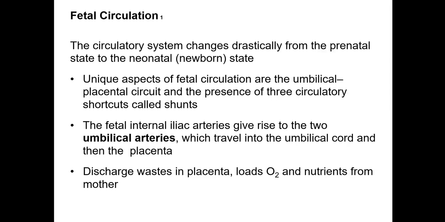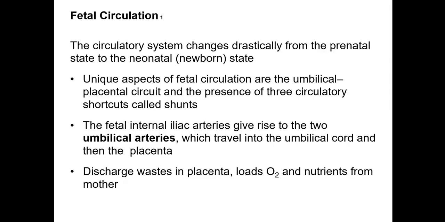The circulatory system is going to change very drastically from the prenatal stage to the newborn stage. Some of these changes occur because of the difference in how a fetus needs to get its oxygen and nutrients versus how a newborn baby would. We know that the fetus gets its nutrients through the umbilical cord, right?